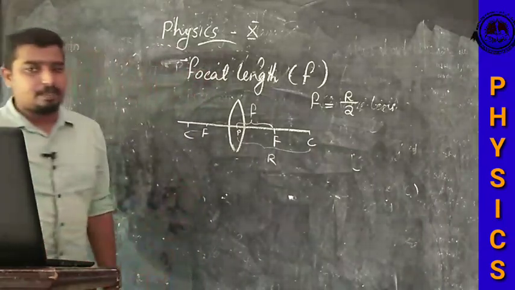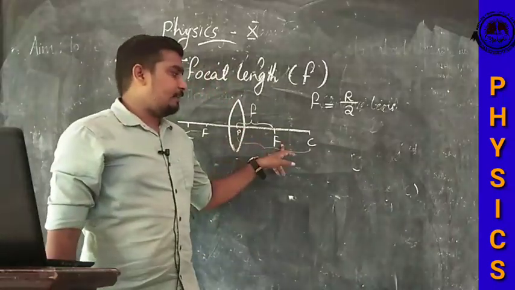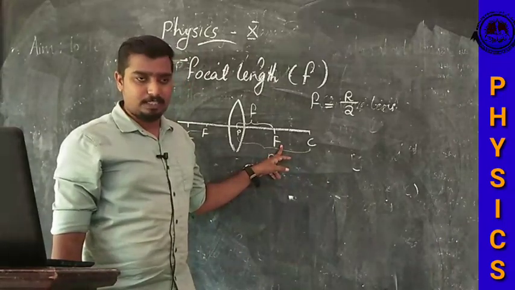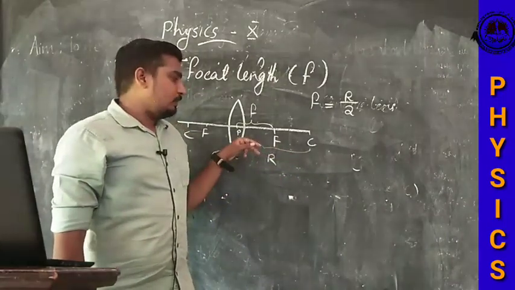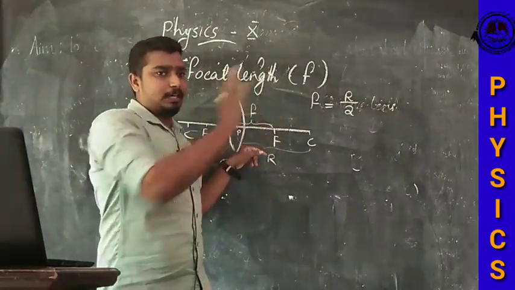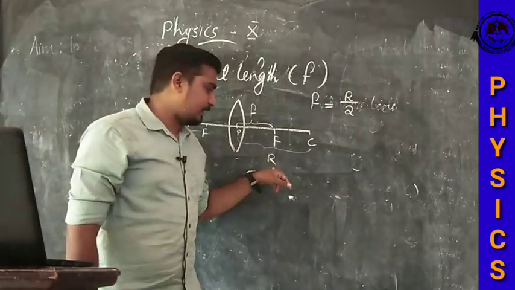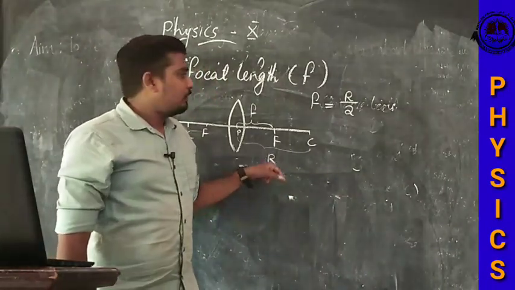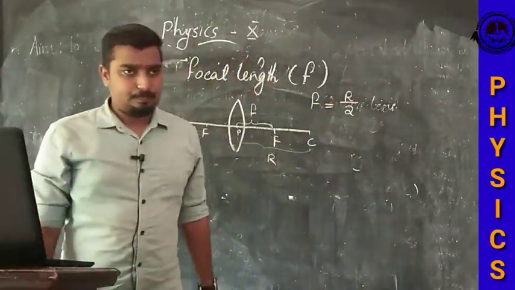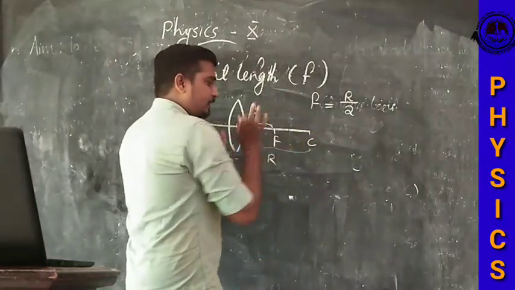The distance between the optic center and principal focus is called the focal length, represented as small letter f. The distance to the center of curvature is called the radius of curvature, represented as capital letter R. Therefore, the focal length f equals R by 2, that is half of the radius of curvature.